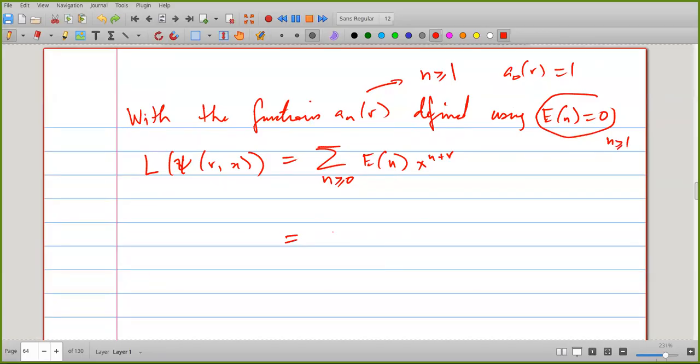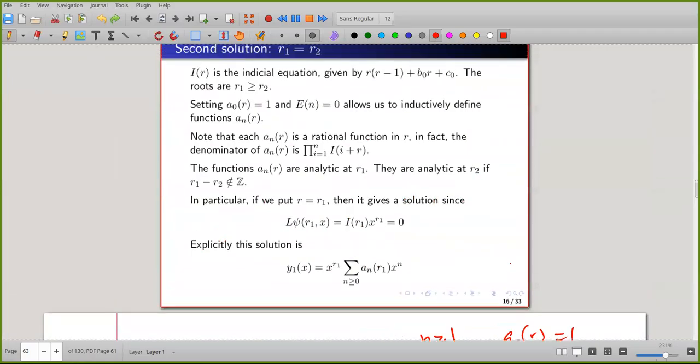So we will just be left with e_0 x to the power r, and e_0 is exactly I(r) A_0(r) x to the power r, and A_0 we took to be 1.